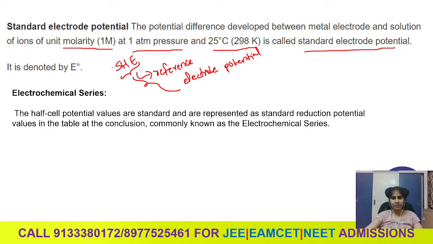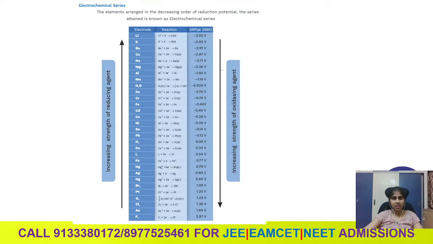standard and are represented as standard reduction potential values. So this is represented in the electrochemical series. So remember this table of electrochemical series. You can observe here the value of hydrogen is taken as the reference one. It means it is taken as 0 and it is compared to the remaining metals.